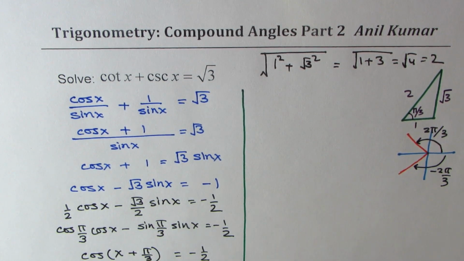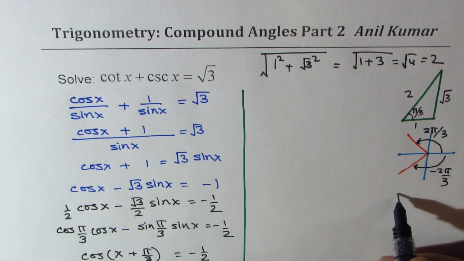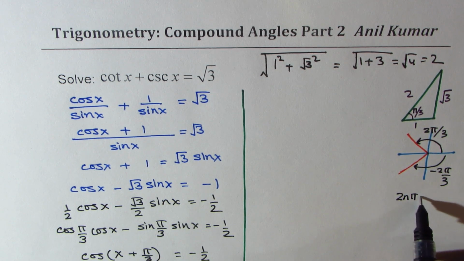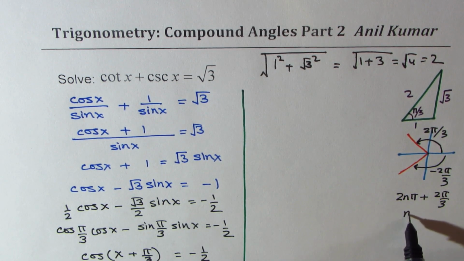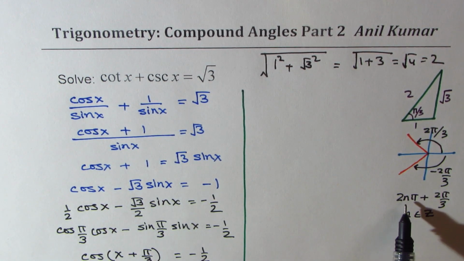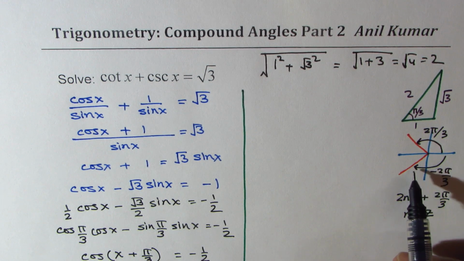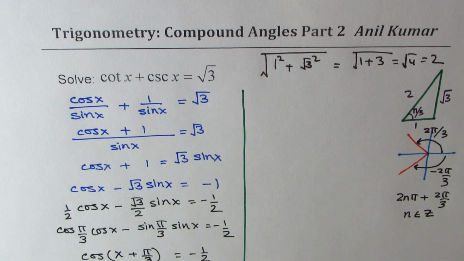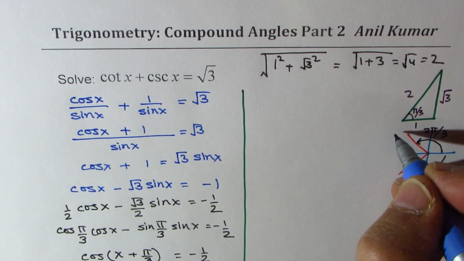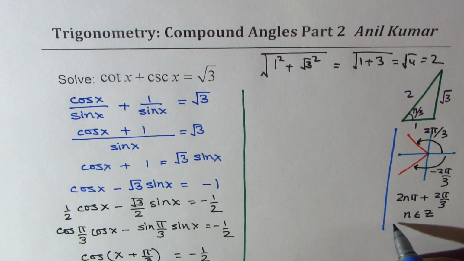So in general, we could write this as 2n pi plus 2 pi by 3, where n belongs to the set of integers. So when n is negative, you are going from this side. You get the idea? So you cover all the angles. This is very critical to understand, especially when we are trying to write a general solution, right?